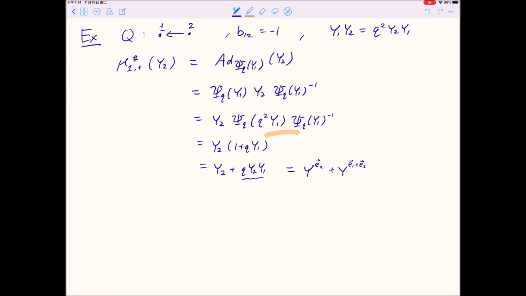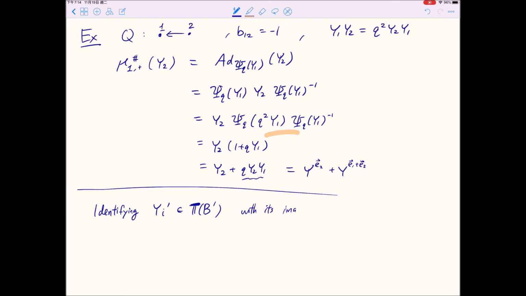So there's also a common technique of doing such calculation, which is to identify the quantum variables corresponding to different exchange matrices with each image in the original one.